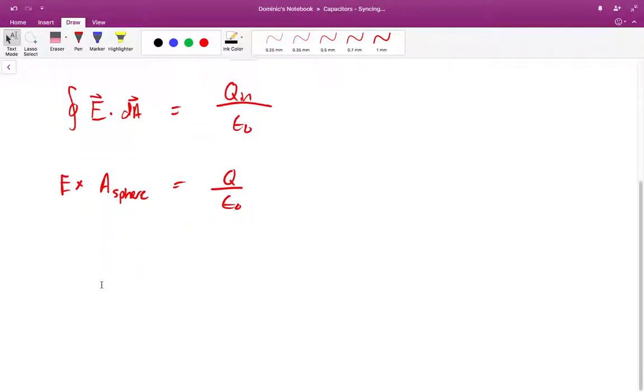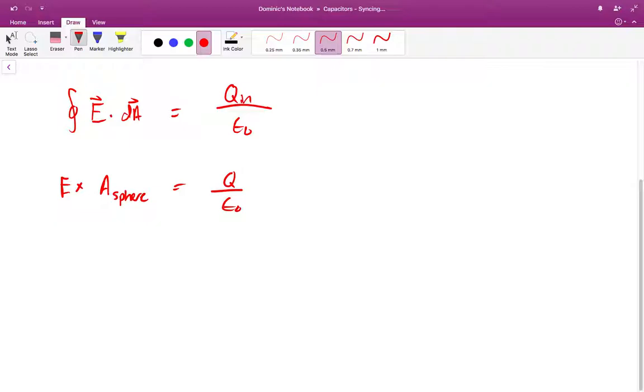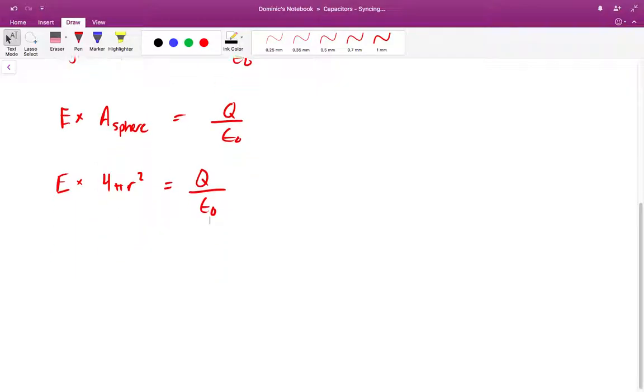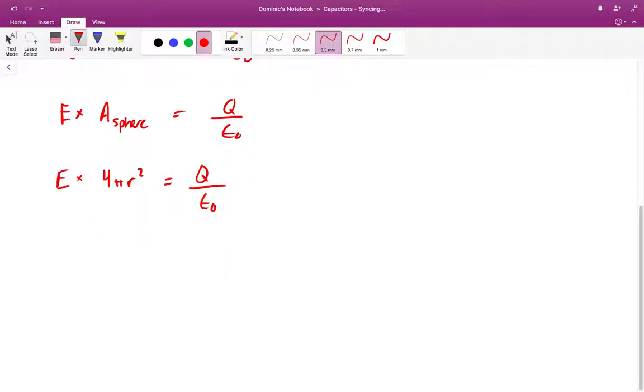The area here was typically E times 4 pi little r squared, which equals Q over epsilon naught. But at exactly r equal to a, the electric field is E naught. So they're telling us what the electric field is at that point. So we're going to replace those values over here and then solve for Q.